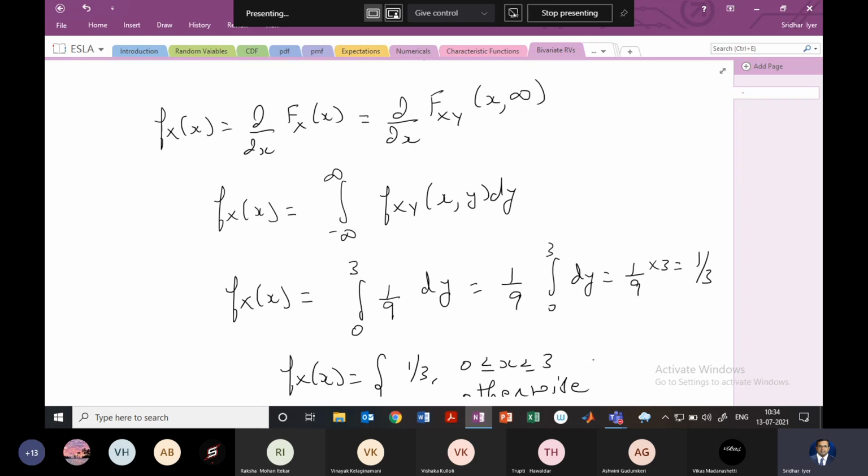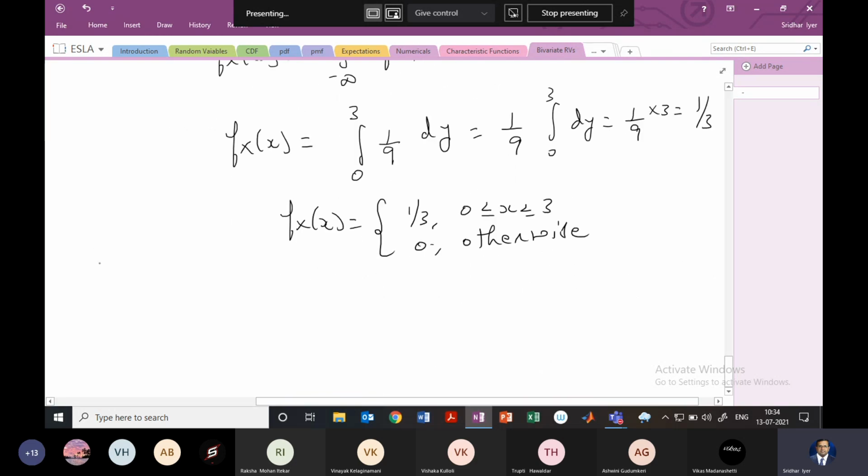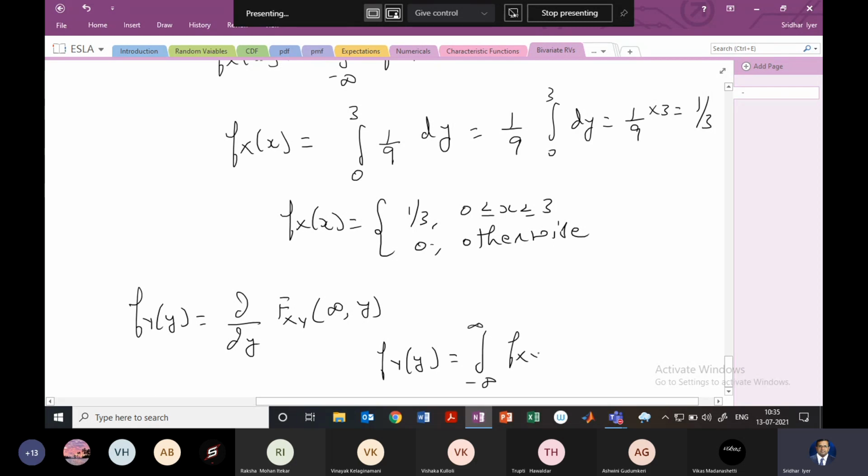You'll have to follow the same procedure. In this case, don't worry about the limits because they are the same for x and y. So fy of y, I can have this as d by dy, Fxy of infinity comma y. Therefore, fy of y will be an integral from minus infinity to plus infinity fxy of x comma y dx.